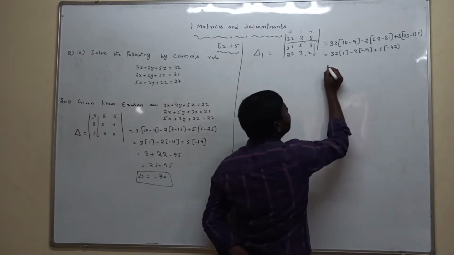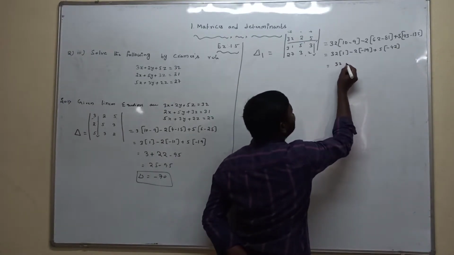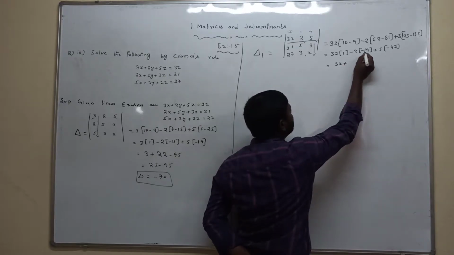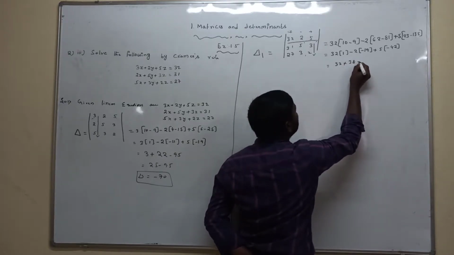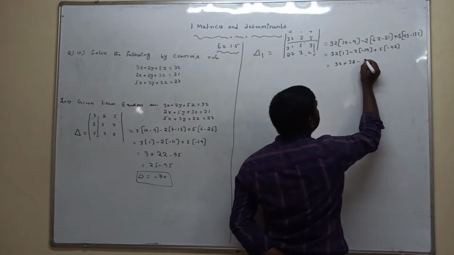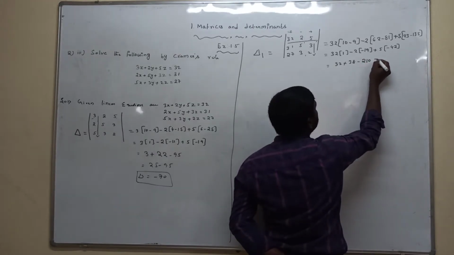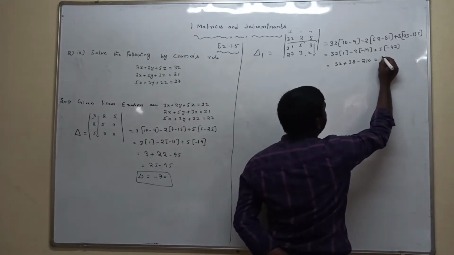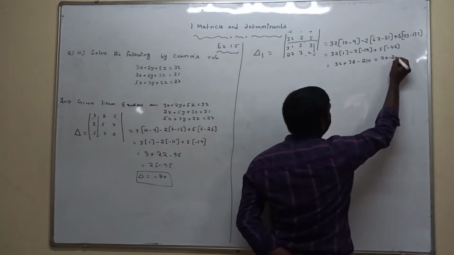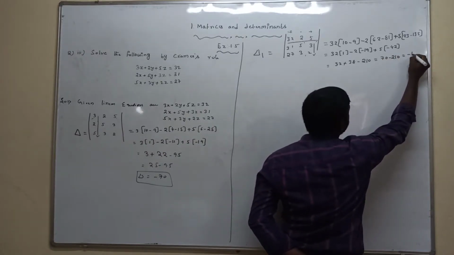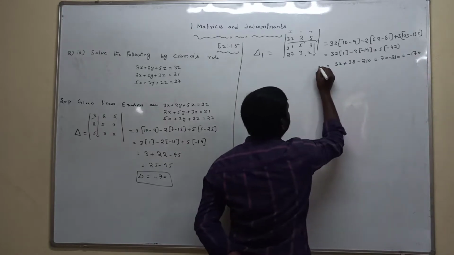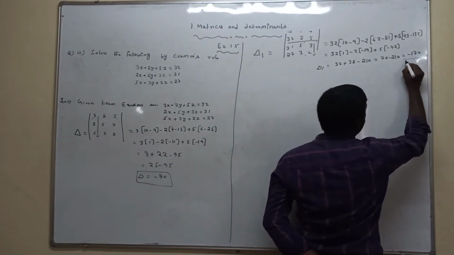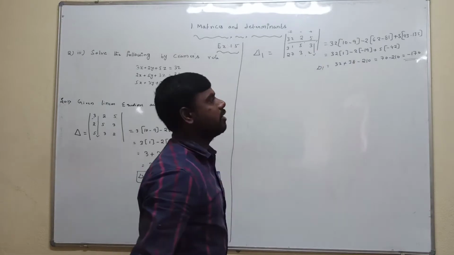Simplify this one. 32 into 1 is 32, minus into minus is plus, 19 into 2, that value is 38, minus 210. 70 minus 210, that value is minus 170. So the delta 1 value is minus 170.